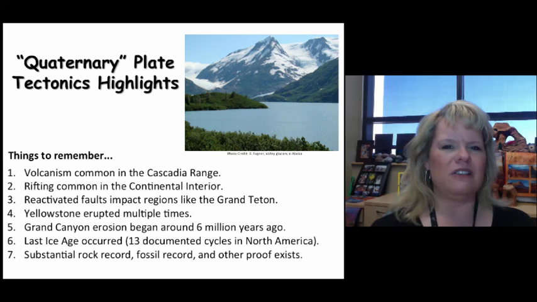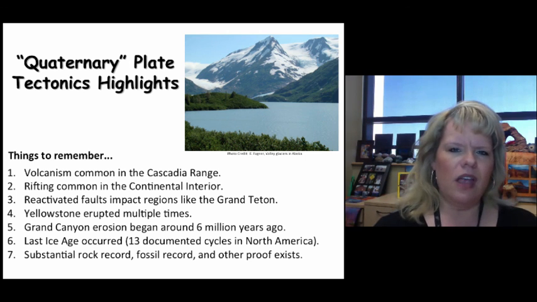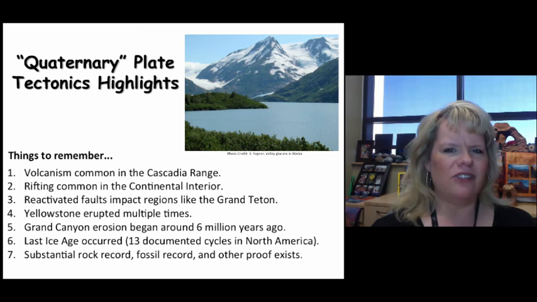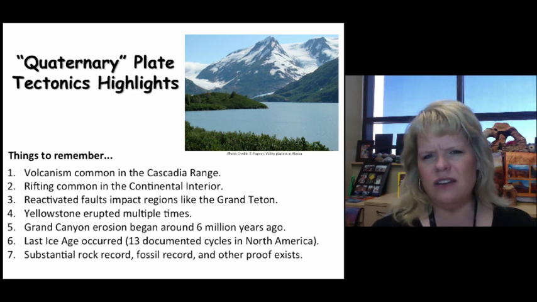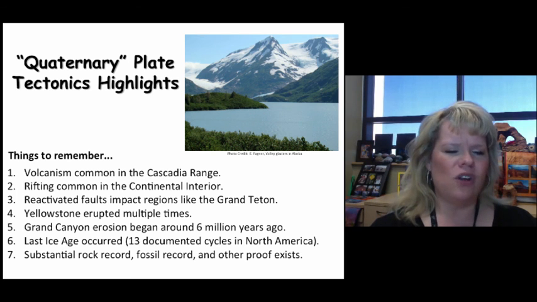Yellowstone had some incredibly important eruptions that definitely could have played into ecosystems and weather patterns at that time, certainly climate conditions. Grand Canyon erosion began about 6 million years ago, and we experienced the last ice age, which included 13 different sequences of movements of ice advances and interglacial periods.